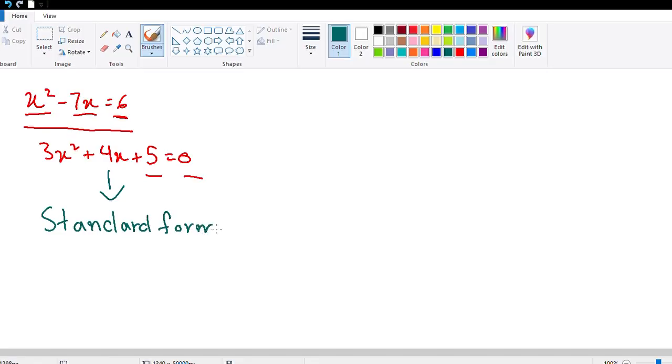The standard form of writing a quadratic equation goes like ax squared plus bx plus c equal to 0. In the standard form, the constant is on this side and there's a 0 right here. This is how to write a quadratic equation in standard form.